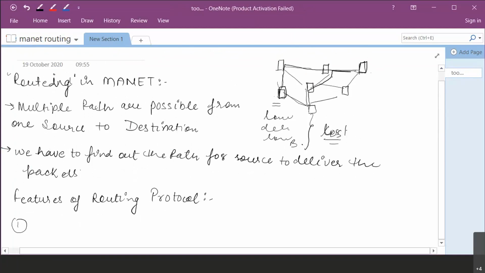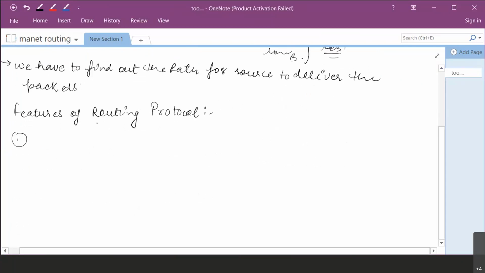Otherwise, the packet looping as well as the packet loss problem will occur in the network, and it will not be good for the performance. So the packet should move towards the correct path.